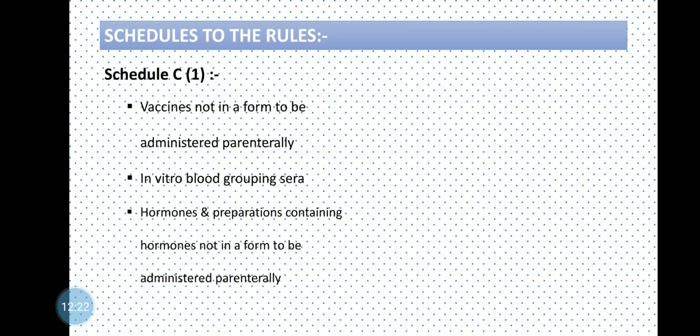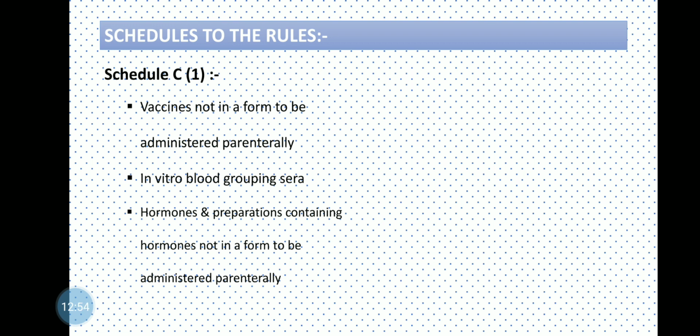Schedule C products are administered by parenteral route of administration, while Schedule C1 are not in a form to be administered by parenteral route of administration. Means Schedule C products are administered in the form of injections, while Schedule C1 are administered in the form of liquids, tablets, capsules, etc. That is the difference between Schedule C and C1.